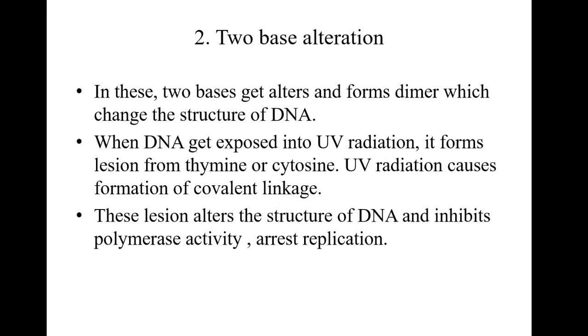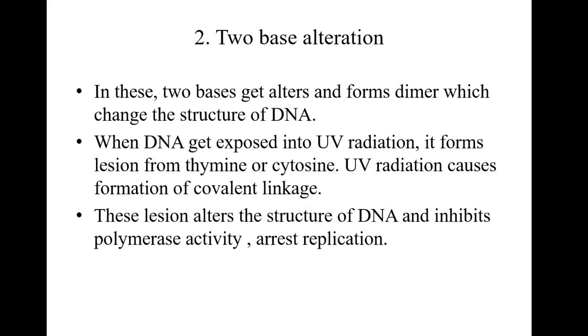The next one is two-base alteration. In this method, the two bases get altered and form a dimer which changes the structure of a DNA. When DNA is exposed to UV radiation, it forms a lesion from thymine or cytosine.